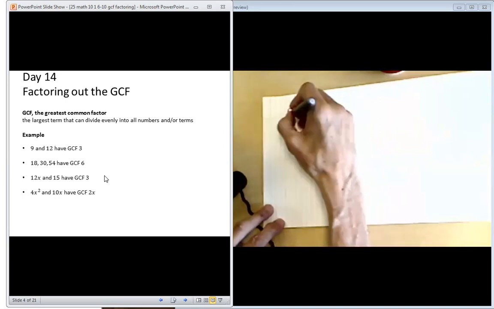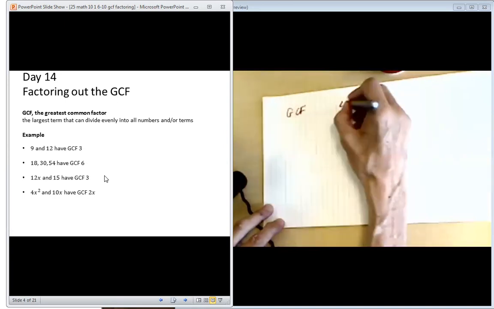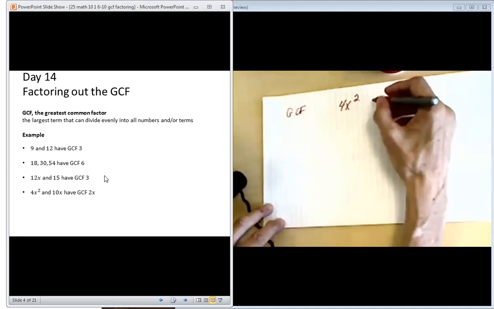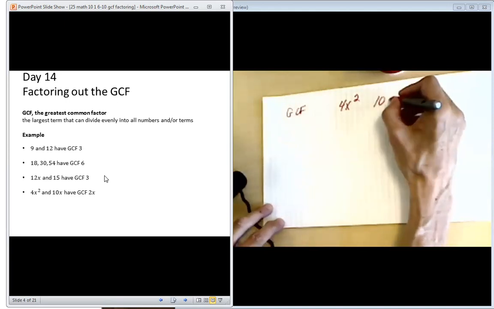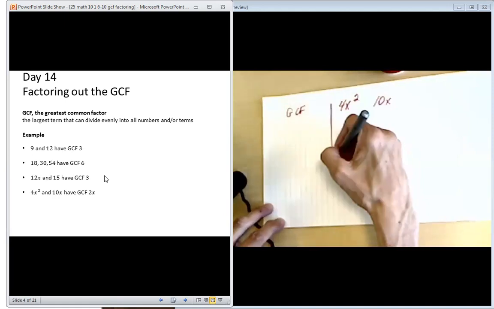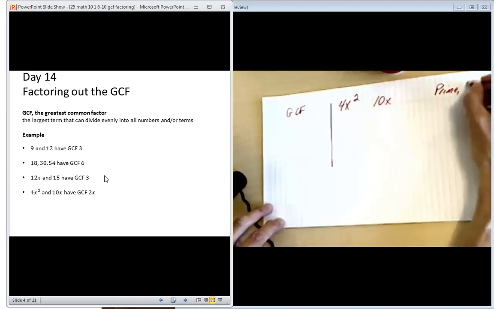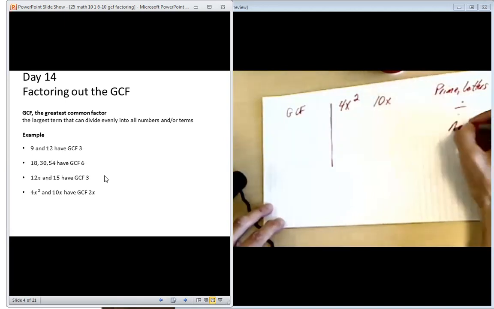So look at that. 4x squared, 10x. So we'll say prime letters, and then divide all.